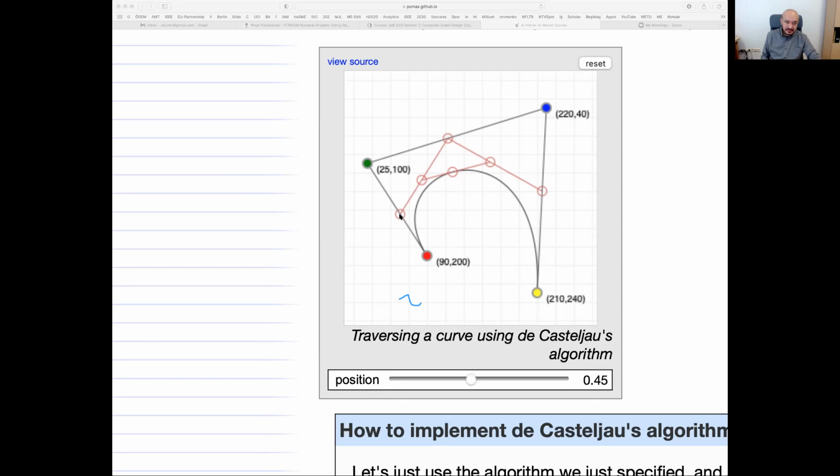So what we do, this is again alpha. Alpha is equal to 0.45, the first point on this line, the other one here, and then we join them together. And again, this part is equal to 0.45, and the other part is equal to 0.55, right?